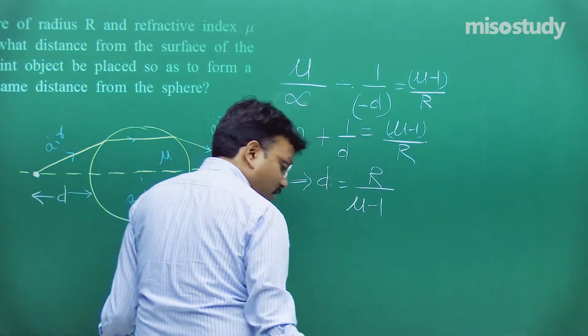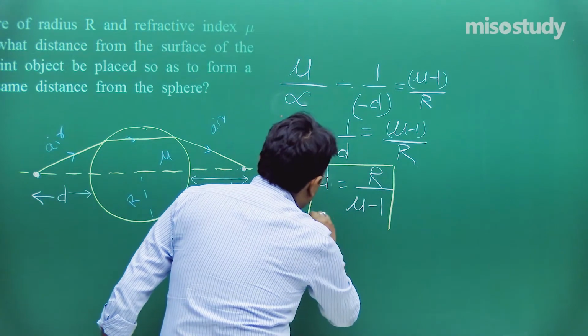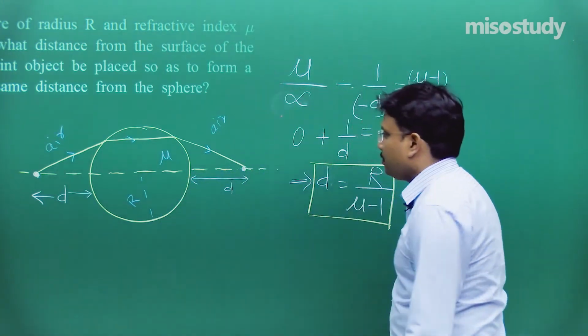So this is your result, d is equal to R upon mu minus 1.